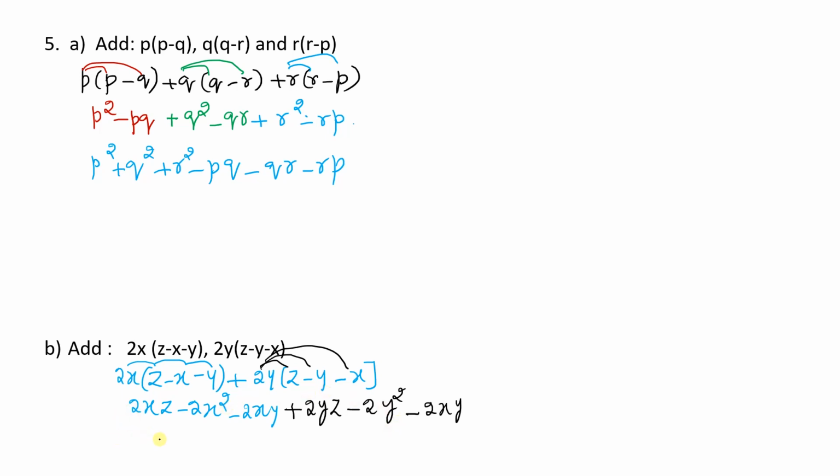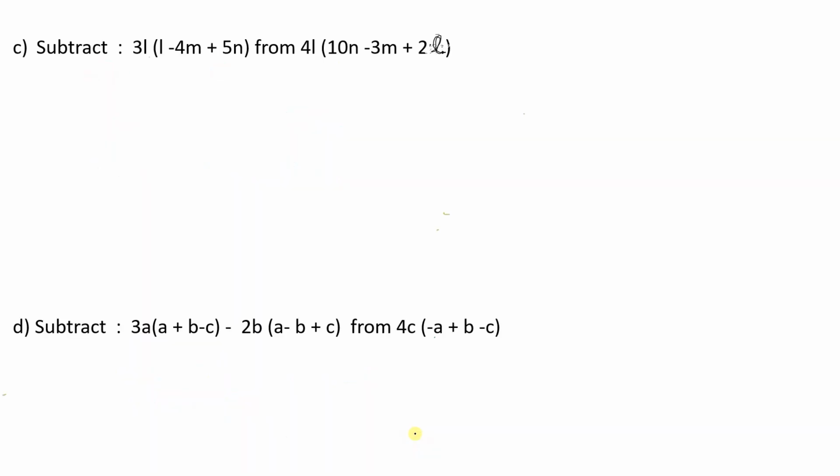Therefore, the final answer is minus 2x square minus 2y square, okay, minus 4xy plus 2yz plus 2xz or zx. Okay, next step.